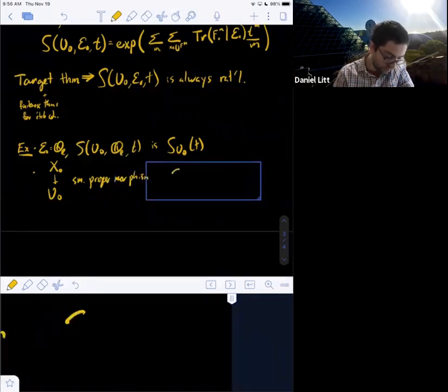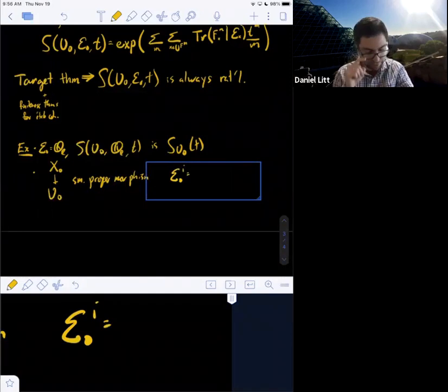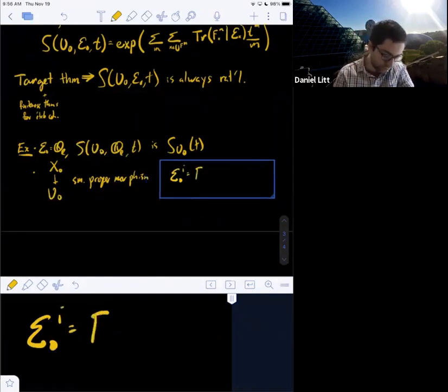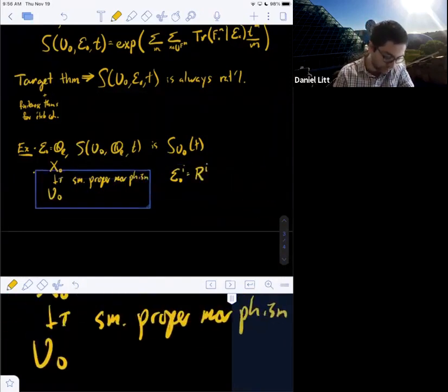Then you can take, let's say, E_0^i to be the derived push forwards. Maybe I'll call the morphism pi.